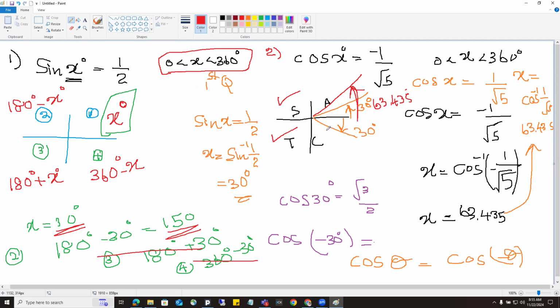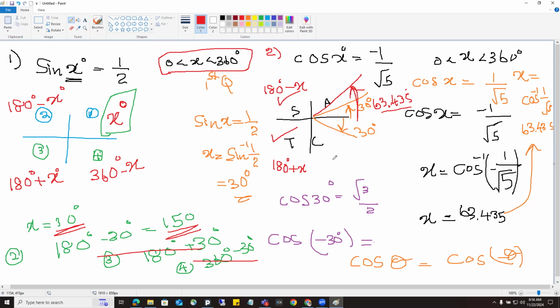Now, if we calculate the respective second, third and fourth quadrant values, for the second quadrant we calculate 180 minus x, where the x value is 63.435. If it's in the third quadrant, that means 180 plus x, that is 180 plus 63.435.